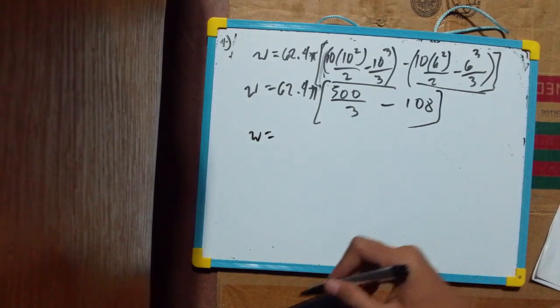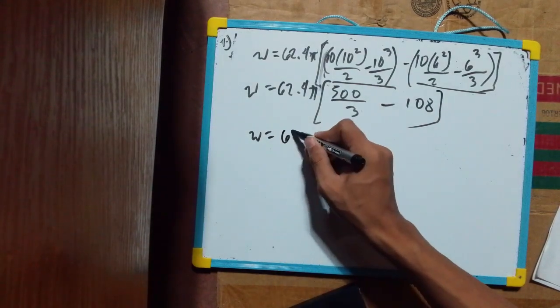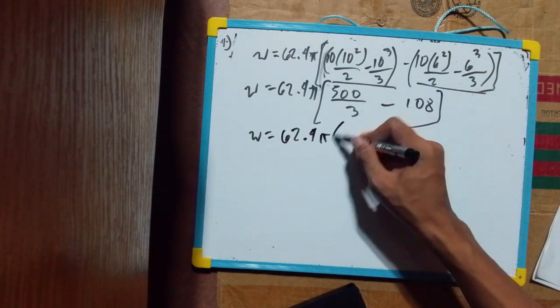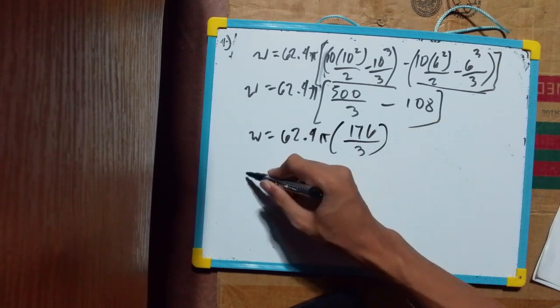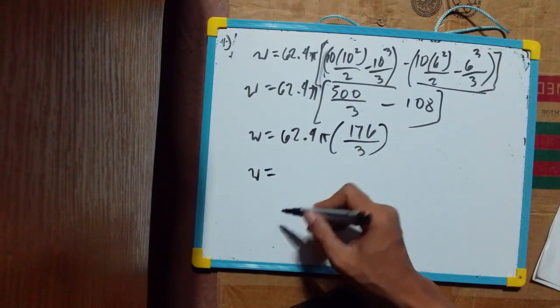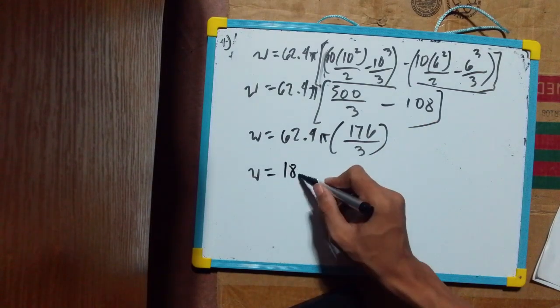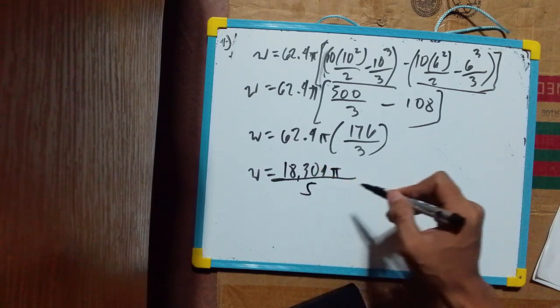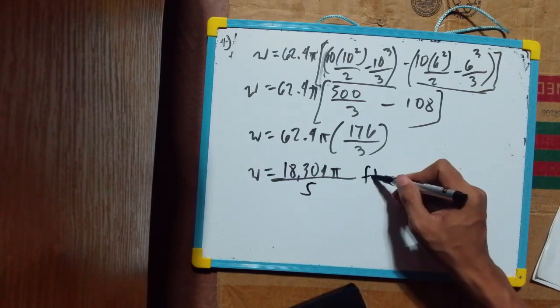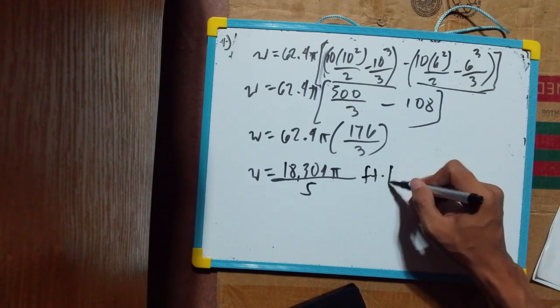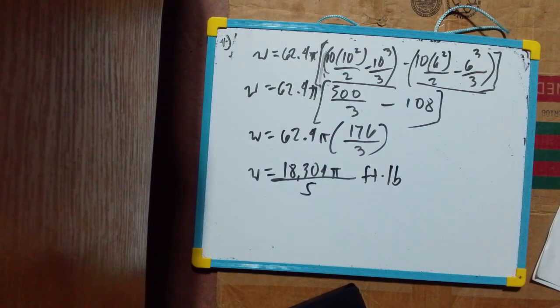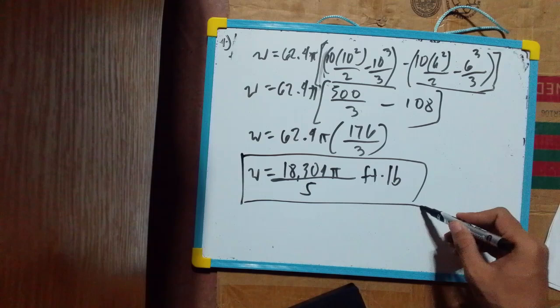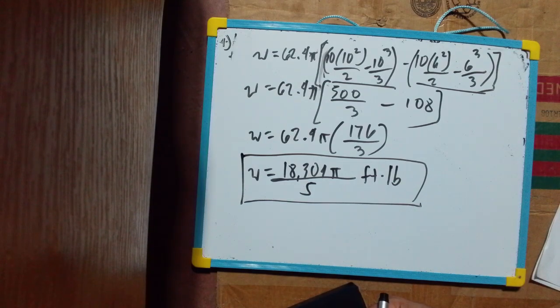Distributing 62.4 pi, the work is 18,304 pi over 5 foot-pounds. So this is the work done in pumping the tank until the depth of the remaining water is 6 feet.